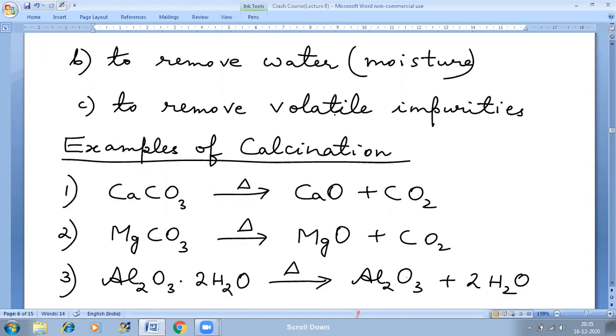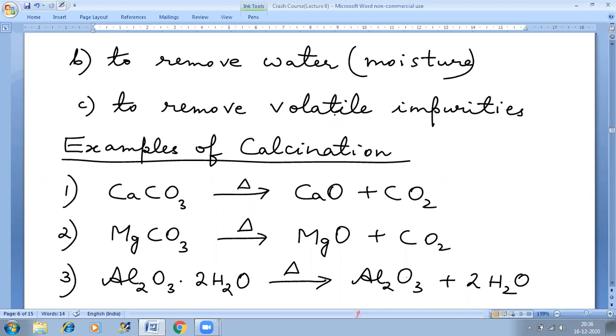Examples. If you look at the first example, you have a carbonate ore. CaCO3 is a carbonate ore. I'm heating it in the absence of air. And if I heat calcium carbonate in the absence of air, I get calcium oxide and carbon dioxide. So CaO plus CO2. CO2 will escape as a gas.